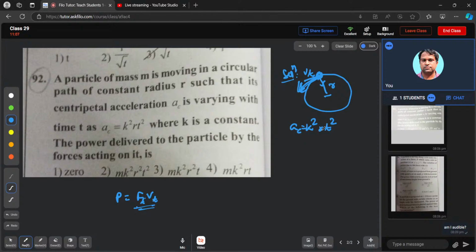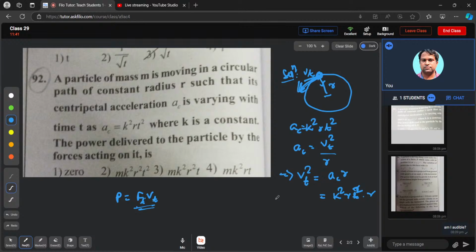Centripetal acceleration is given. We know that the centripetal acceleration formula in terms of tangential velocity is v tangential square by r. So v tangential square is AC times r, and AC is given as k square r t square, into r.